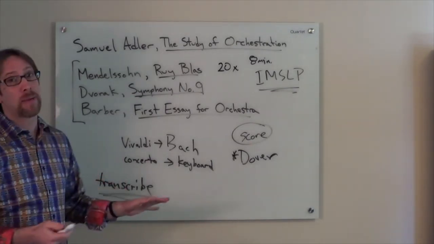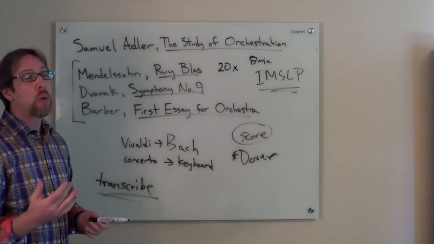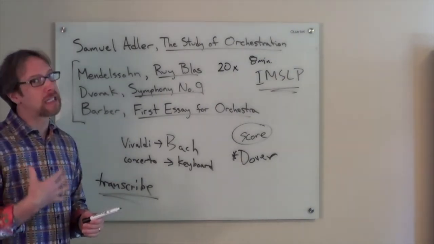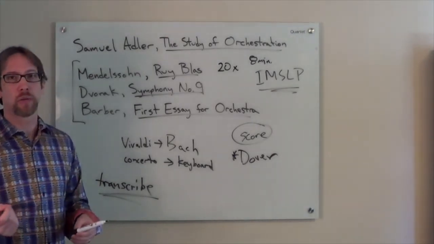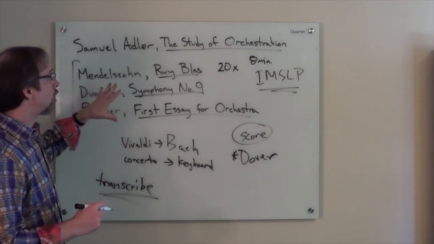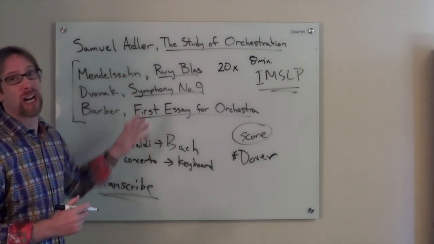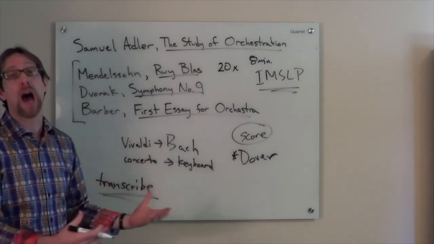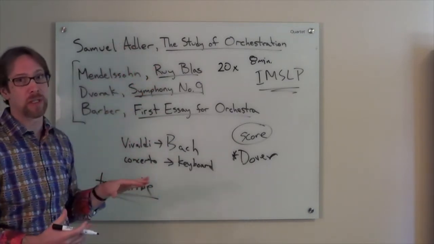Now, with this concept of transcribing, I know that for me, I had to start off with fairly simple solos, and most jazz solos were pretty complicated. So you might want to pick an orchestral piece to start with that is not particularly complicated in terms of how the instruments are used.